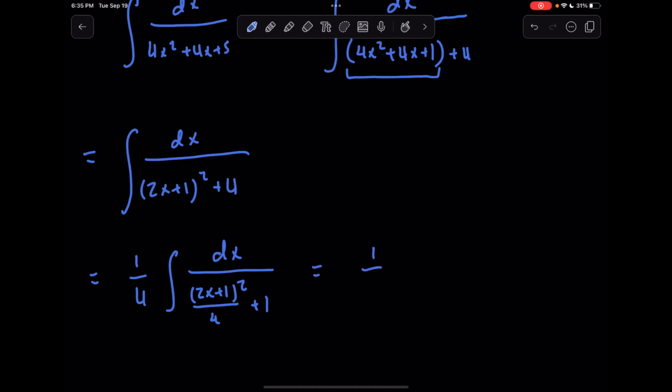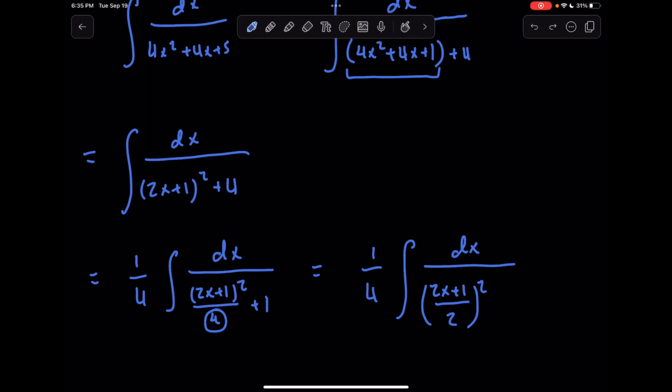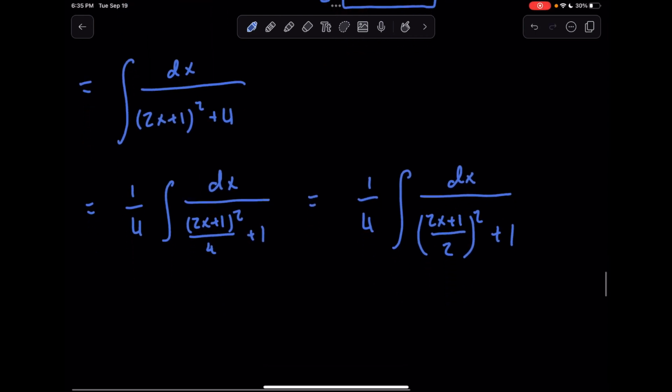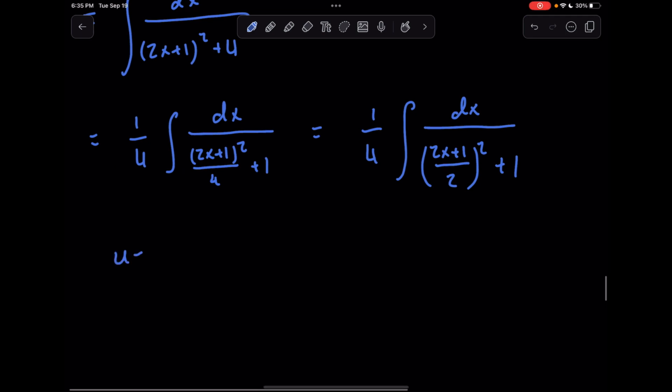Now we can simply rewrite this as 1/4 integral of dx over 2x plus 1 over 2 squared plus 1. And all I did there was turn this 4 into a 2 squared, bringing it out on the outside. Now we can perform our u sub. u is equal to 2x plus 1 over 2, and du is equal to 2 over 2, which is just 1 dx.